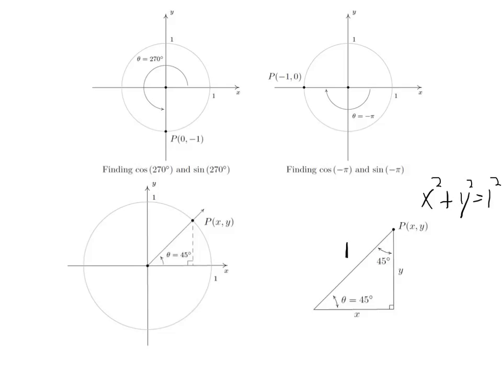The fact that x is the same as y comes from the fact that these angles are equivalent. They're 45, so the opposite sides would be the same as well. So then we could work with x squared plus x squared equals 1, and 2x squared equals 1, and finally we could find x, and then we could find y.